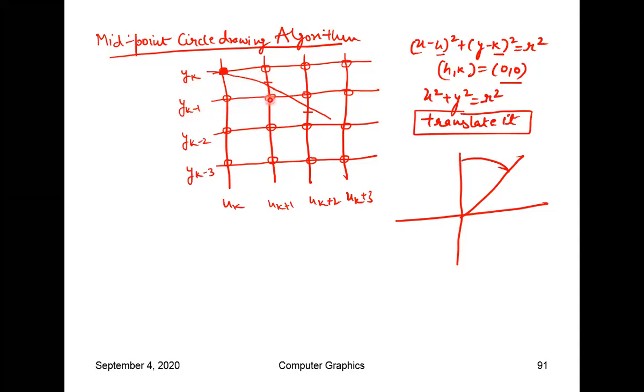So out of these two pixels, which should we choose? To solve this, the main strategy is to calculate the middle point between these two pixels. This middle point will give us the result. How will it give us the result?